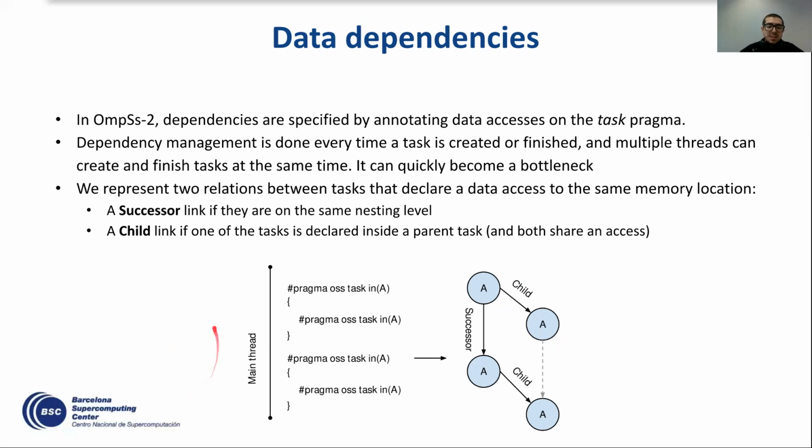When two tasks on the same nesting level, so this task and this task, for example, declare an access to the same memory location, we say that the second task is a successor of the first task. If this happens across nesting levels, where both tasks declare dependency to the same variable, we say that the first task is a parent task and it has a child task with a dependency.